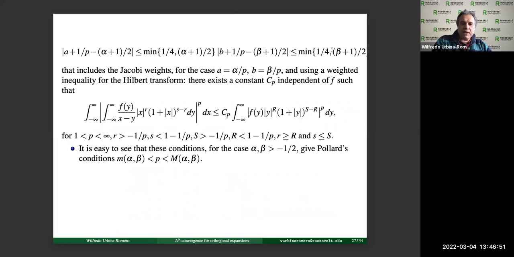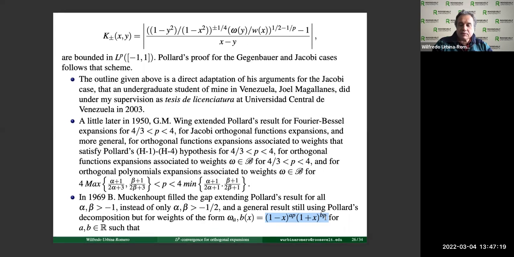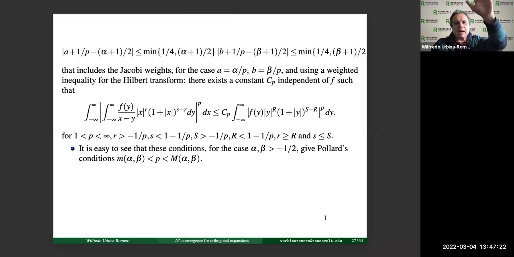But the amazing thing is that when A and B are alpha over p and beta over p, those are nothing but the Jacobi weights, right? So if A is alpha over p and B is beta over p, that is how it works.